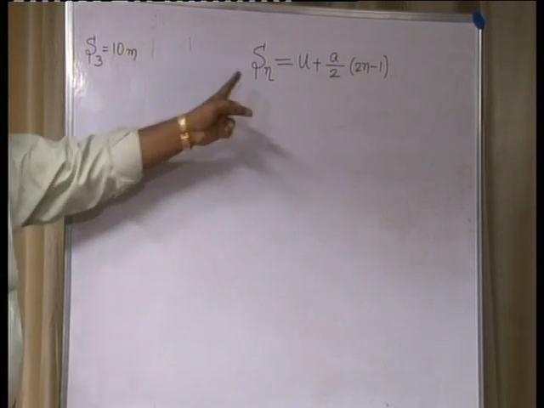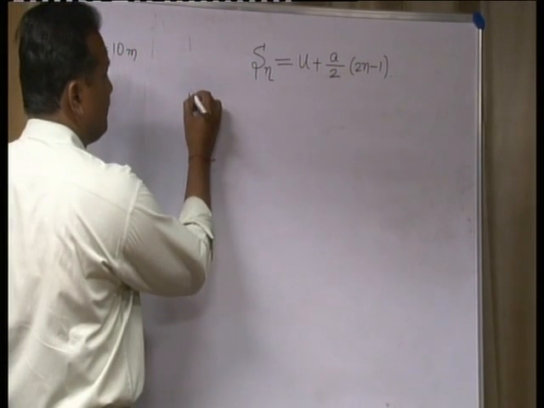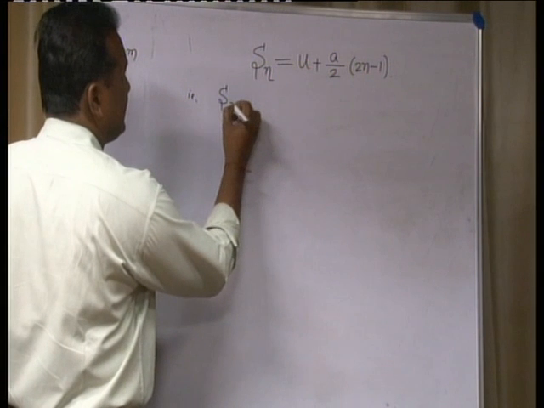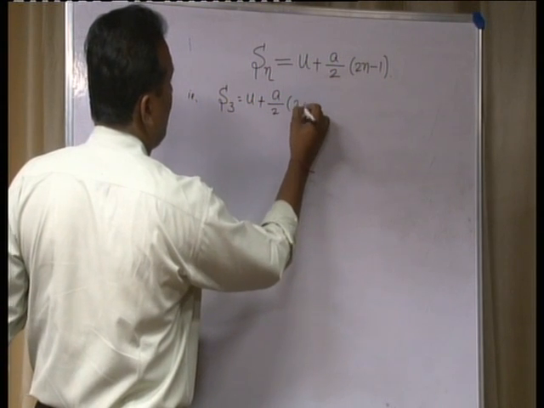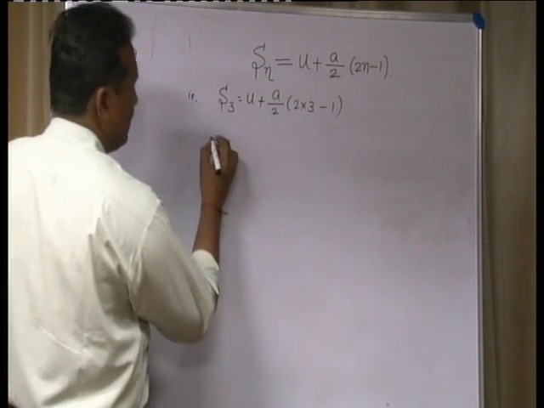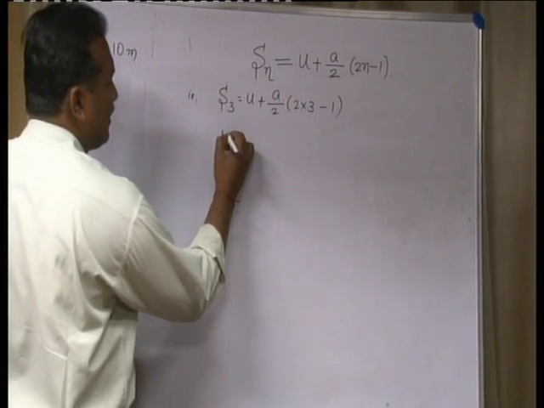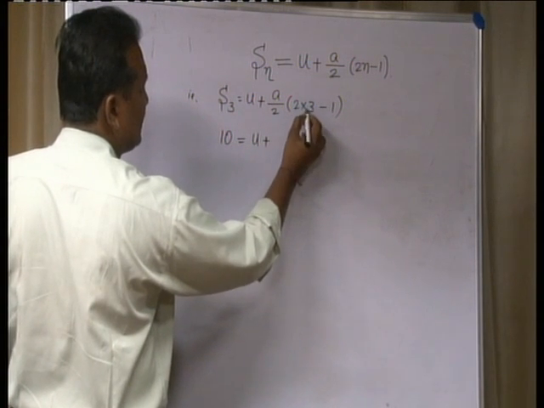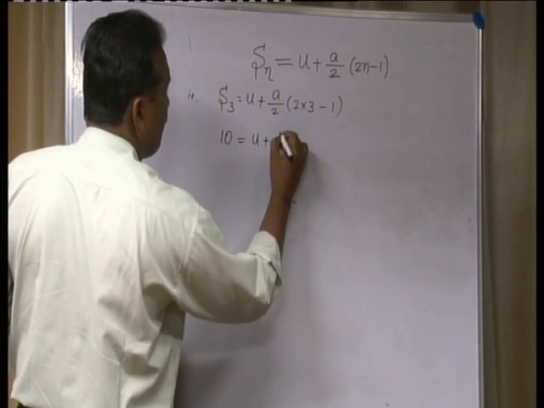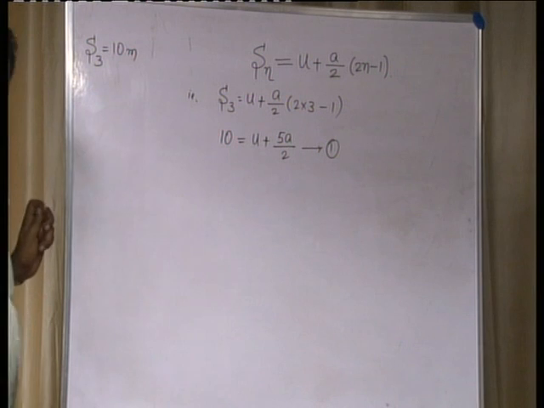So, S3 is equal to u plus a by 2 into 2 into 3 minus 1. S3 is 10 meter, so 10 is equal to u plus 2 into 3 is 6, 6 minus 1 is 5, it is 5a by 2. Call this one equation 1.